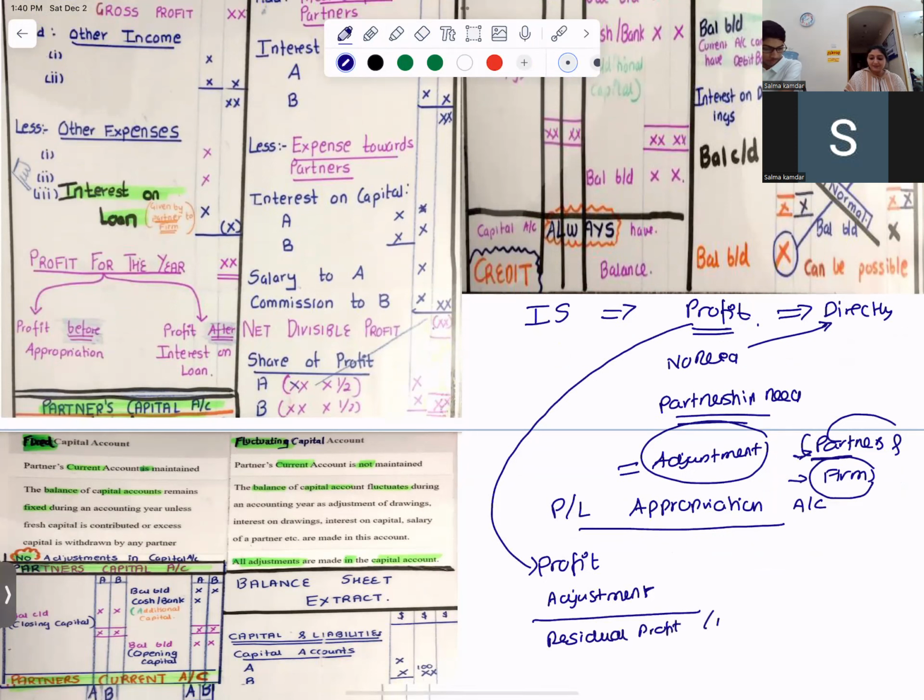This same amount will be shared between the partners. If I have partners A and B, whatever amount you get, you share it, and this will always be equal to this amount.